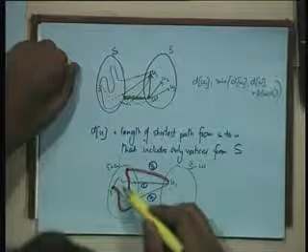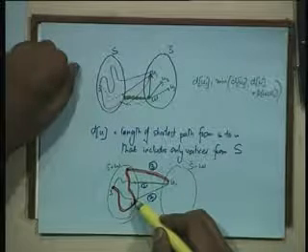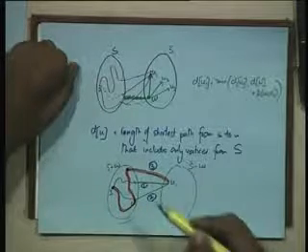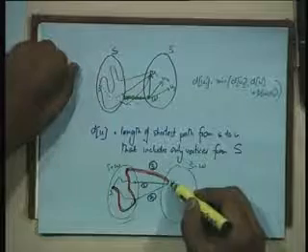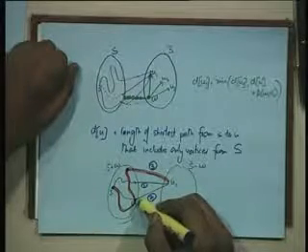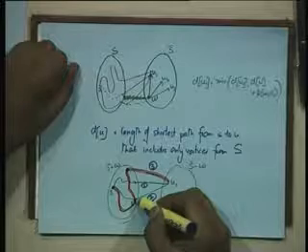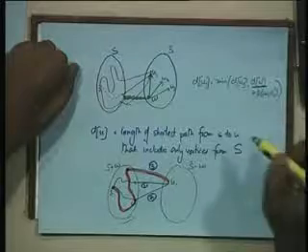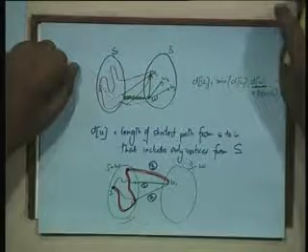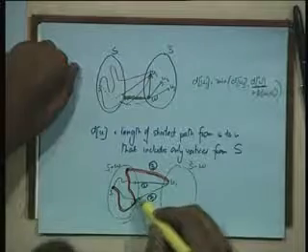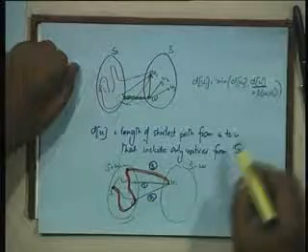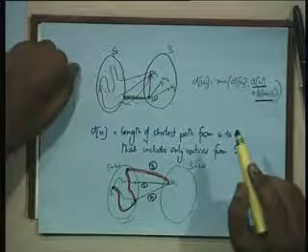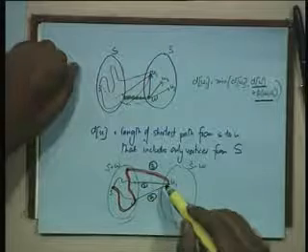So the path from S to W is the shortest path from S to W. If this is the shortest path from S to U1 and it goes via W like this, then this part has to be the shortest path from S to W. That is equal to of length d of W by your induction hypothesis. And then this plus this length would be the length of this path from S to U1. So that is getting captured here. We are accounting for the length of such a path.